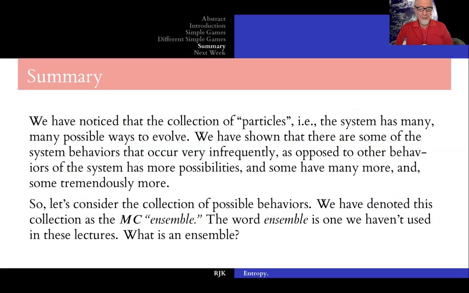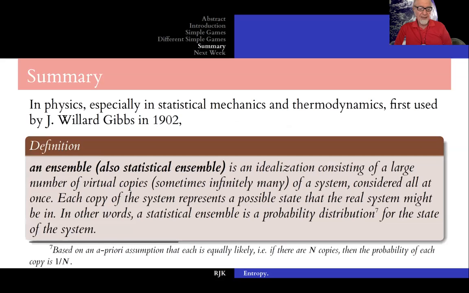So, as I said, I think last week, or I hope I did, we're calling these MCs macro ensembles. The definition of an ensemble was done initially, I think, by J. Willard Gibbs in 1902.